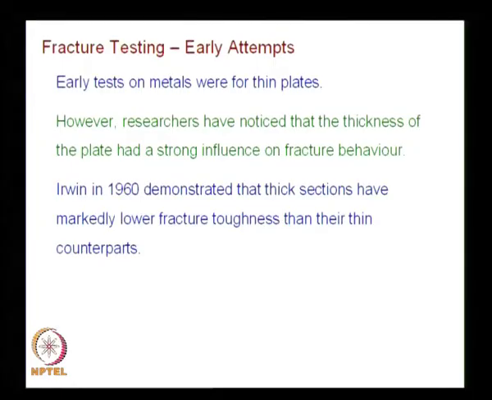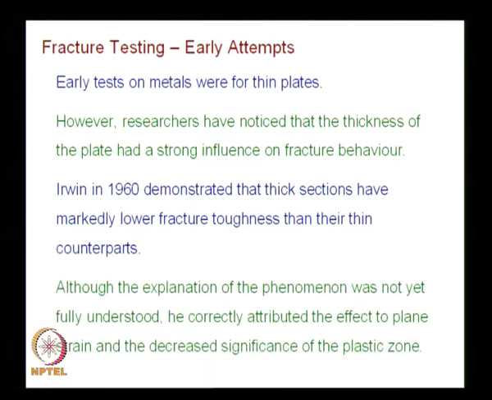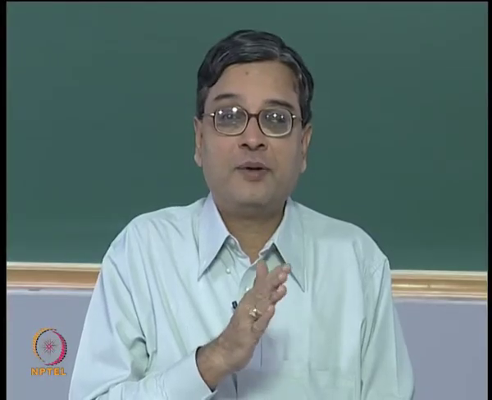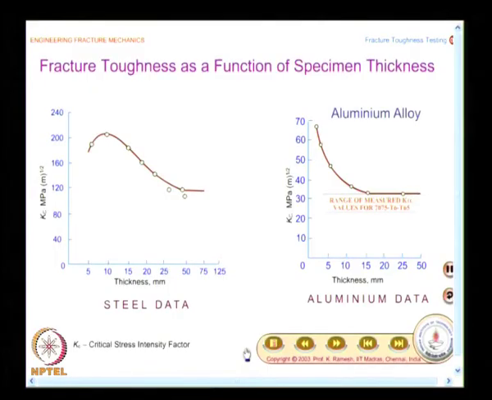But Irwin, based on intuitive argument, attributed the effect of plane strain and the decreased significance of the plastic zone to the fracture toughness values for the thick sections having markedly lower value. That is the way he looked at it. Later on it was supported by experimental results. And you also looked at these graphs.